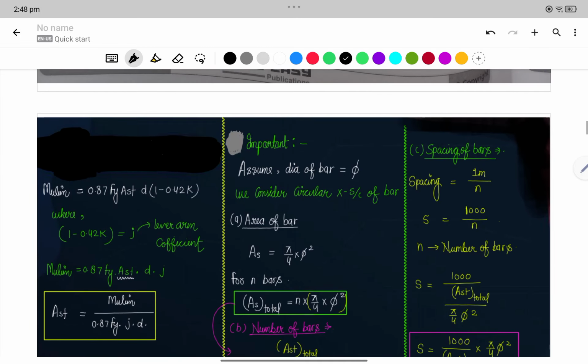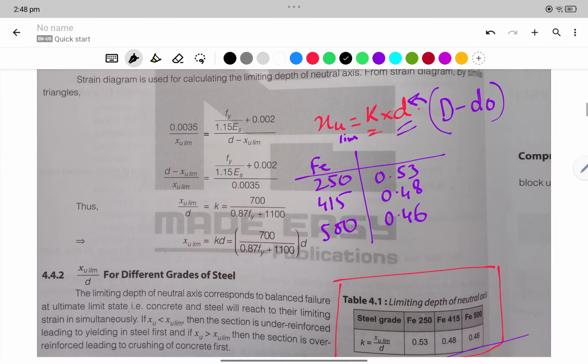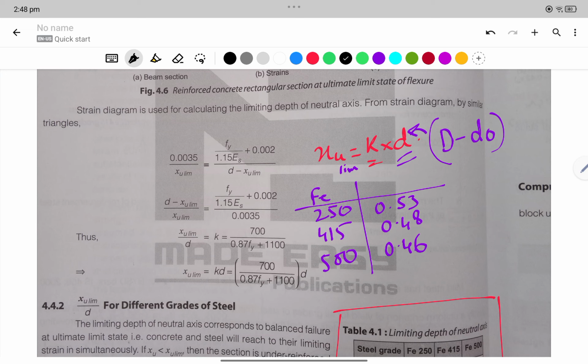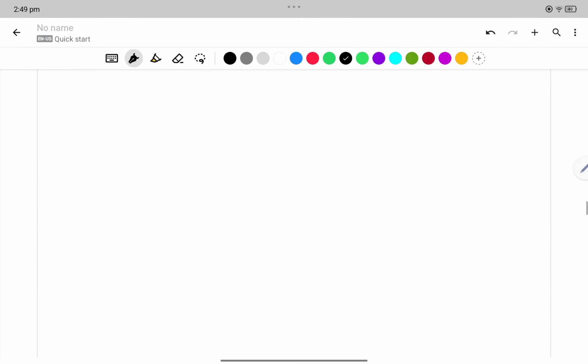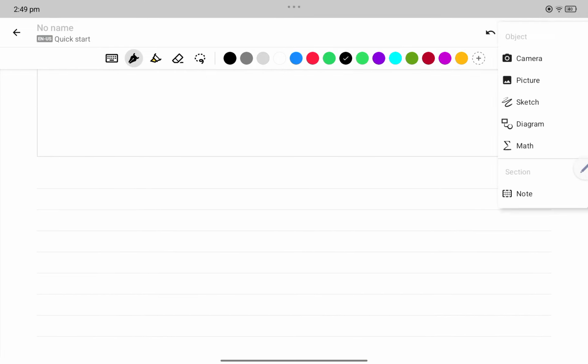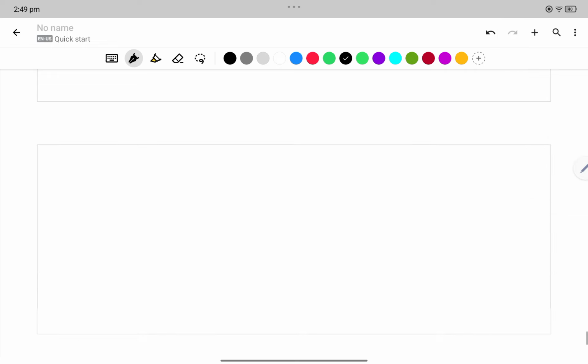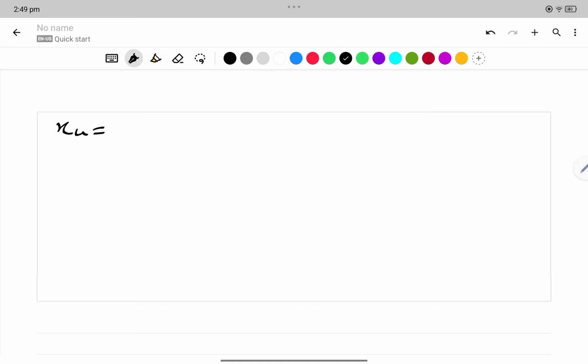I need a blank space, so I will go down and add it here. So how will we find XU? XU is the depth of the neutral axis.